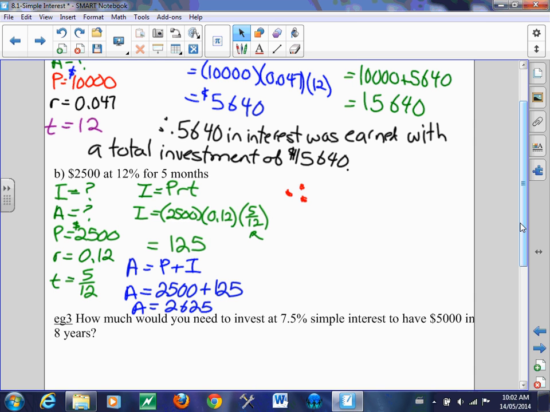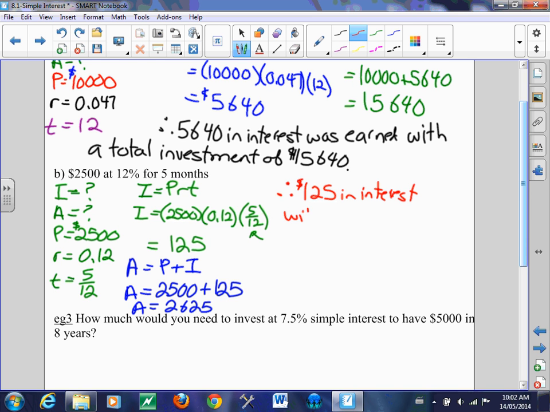Let me fix that. So therefore, $125 in interest will give a total value of 2,625.